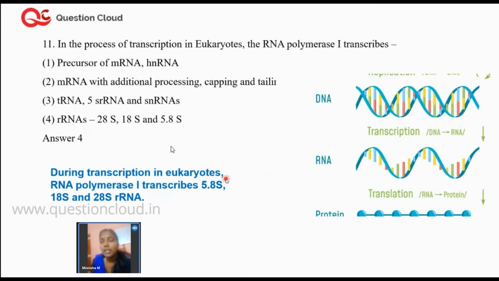First, let us understand what this question means. In the process of transcription in eukaryotes, we have discussed in the last slide what transcription is. So tell me, what is transcription? DNA to RNA. Very good. In this picture, you see the DNA is getting converted into RNA, and that is called transcription.